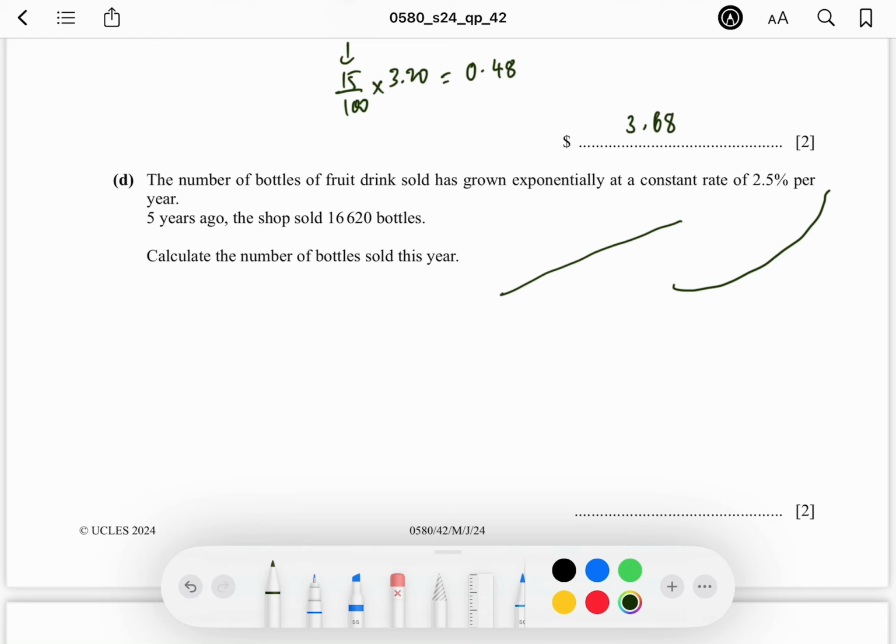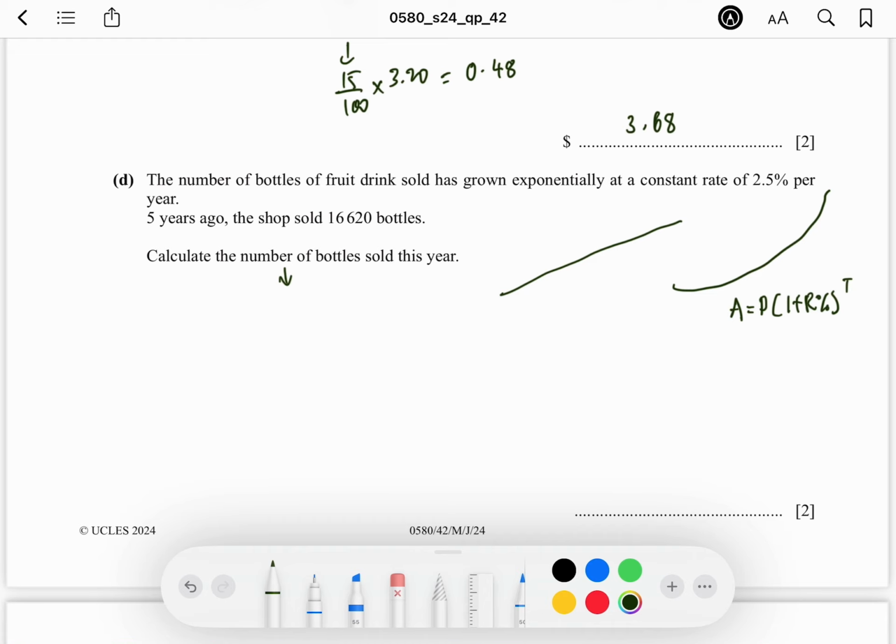Okay, so kalau compound interest will be A equals to P(1 + R%) to the power of T.